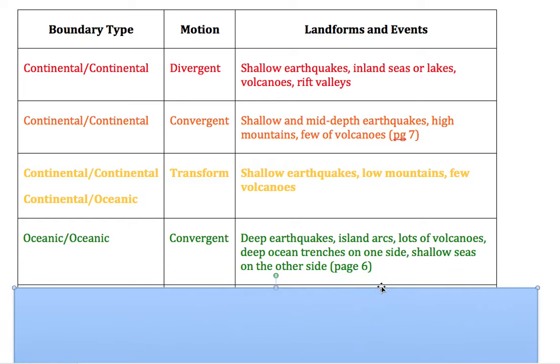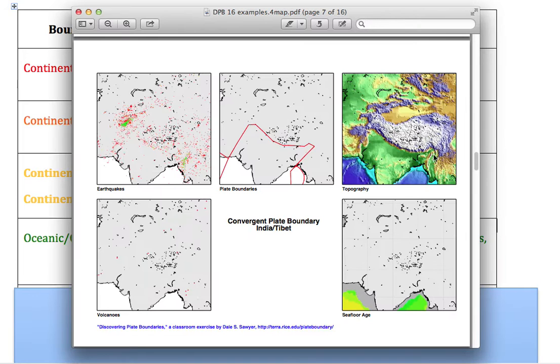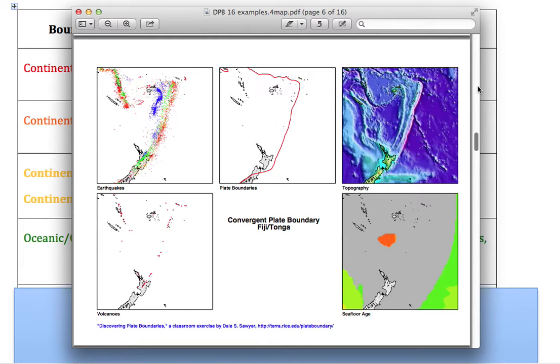Oceanic convergent, two ocean plates coming together. We have deep earthquakes, we have island arcs, we have lots of volcanoes, deep ocean trenches on one side, shallow seas on the other. Lots of stuff going on here. So this is an oceanic convergent plate. We have lots and lots of deep earthquakes. Here's the boundary. We have volcanoes.